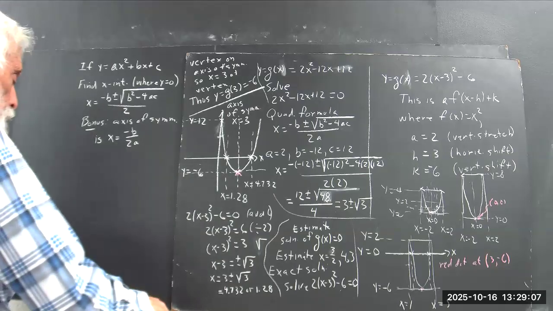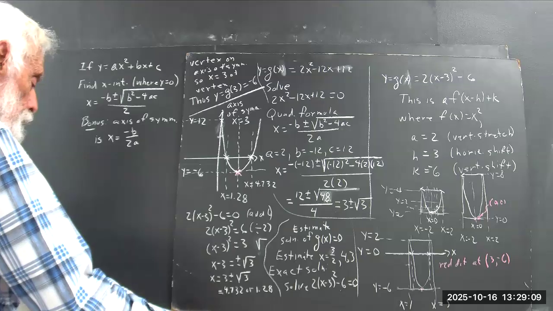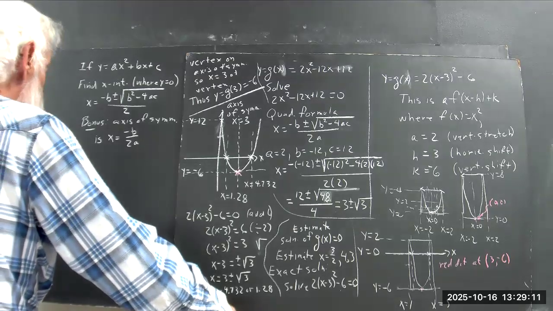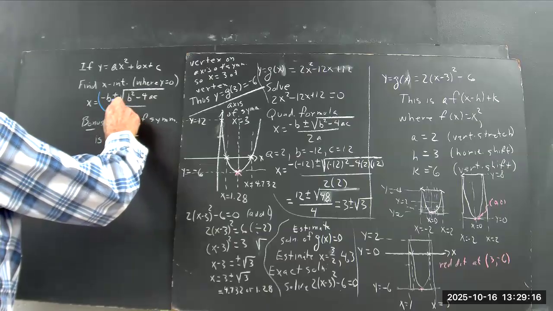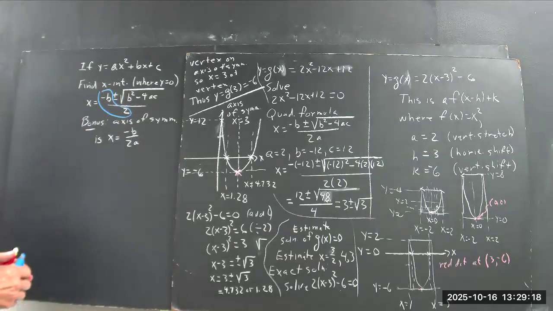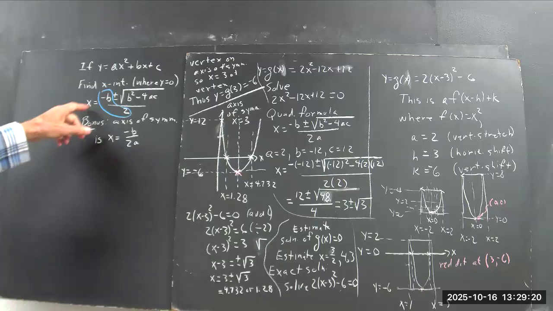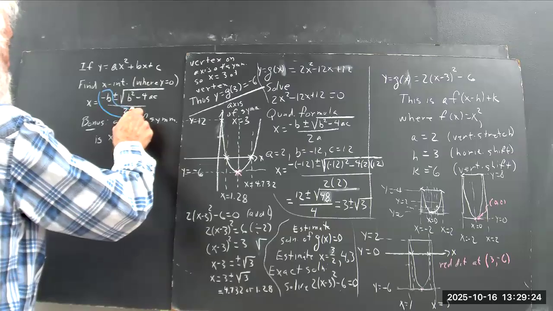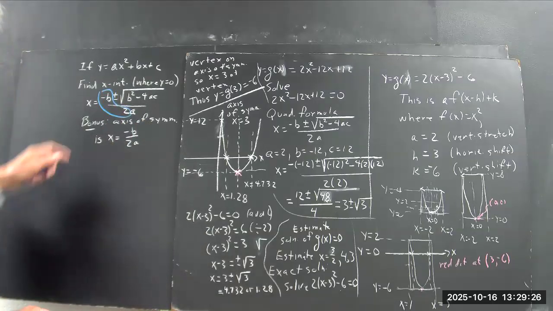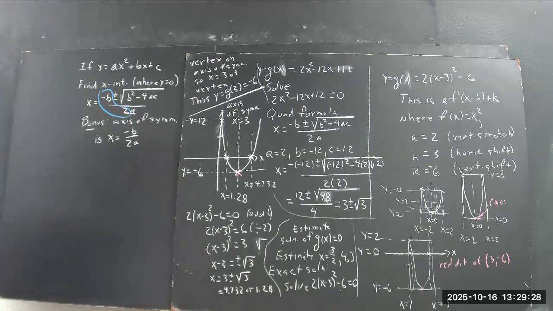It's right here in the quadratic formula. x equals negative b over, oh, I didn't write the a on that. x equals negative b over 2a.